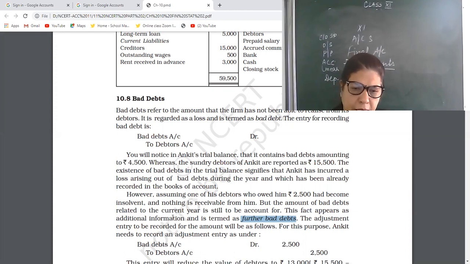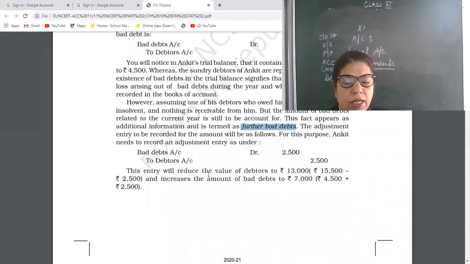The entry will be the same, bad debts to debtors, but as you know, every adjustment is to be shown at two sides. That's why this further bad debts will be shown on two sides of final accounts.